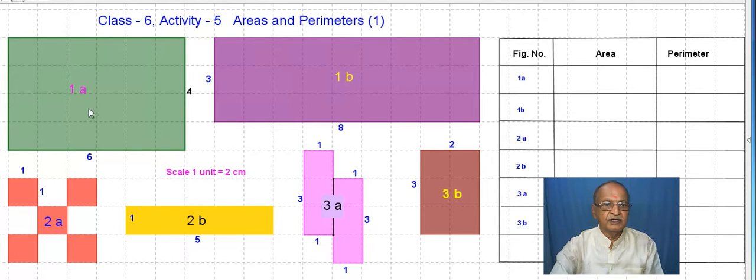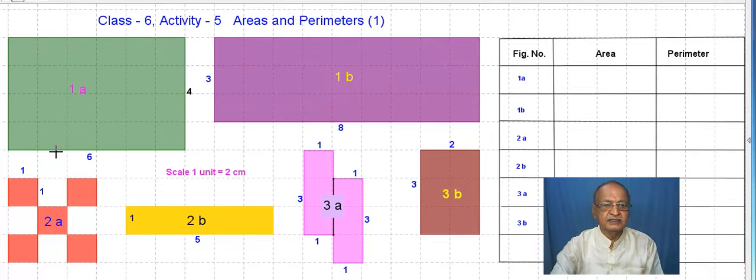So area will be length into breadth. We will multiply it. 6 4s are 24 square units. So we will fill here 24 square units.